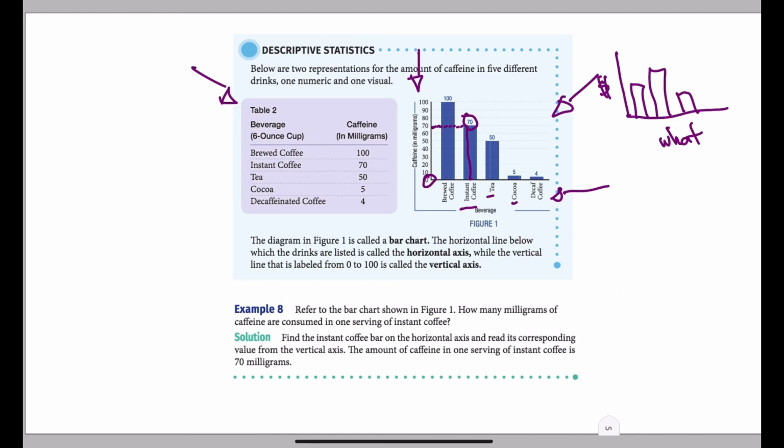So how many milligrams of caffeine are consumed in one serving? We're going to say 70 mg of caffeine. And of course, that checks out with what we have in the table here. What we're trying to do is practice reading both kinds, because you never know which kind you might get. And if anything, more often than not, you get the charts when you read things like the newspaper or an article.